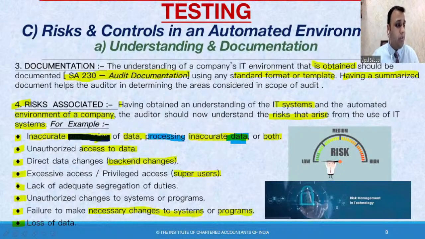Now, Surbhi says, what is the difference between unauthorized changes to the system and unauthorized access to data? Surbhi, suppose you are going to a mall, and you are entering a shop and doing window shopping over there. Outside the shop, it is written pets not allowed, and you have taken your dog along with you. So pets not allowed. That means your dog cannot enter that particular shop.